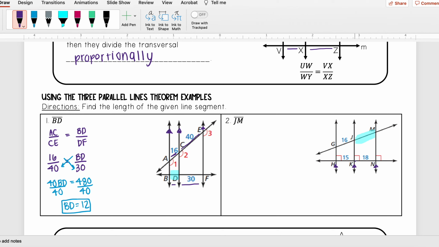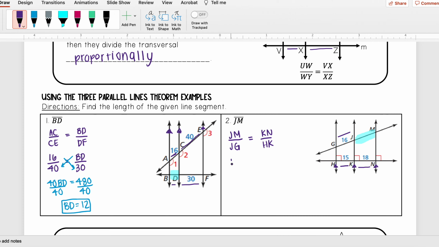And so now I can go ahead and set my proportions. I'm going to start with JM on top this time. So I have JM over JG is equal to the side that corresponds with JM over here, which is going to be KN over HK.